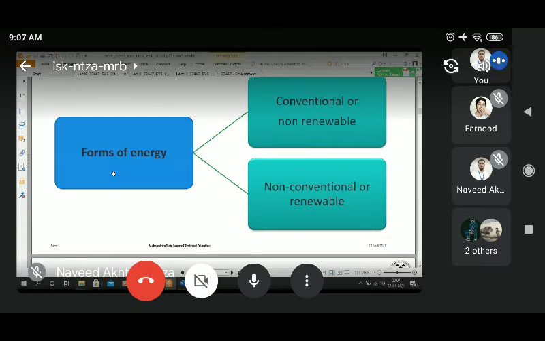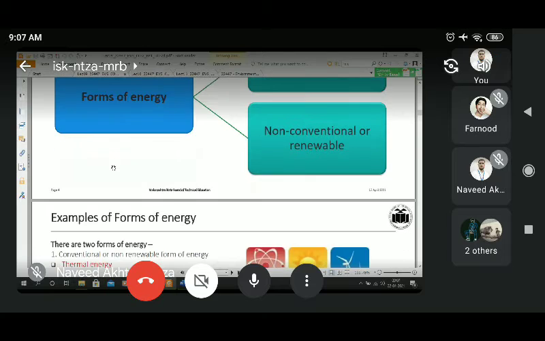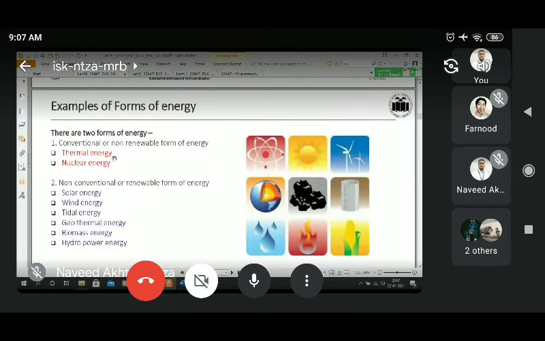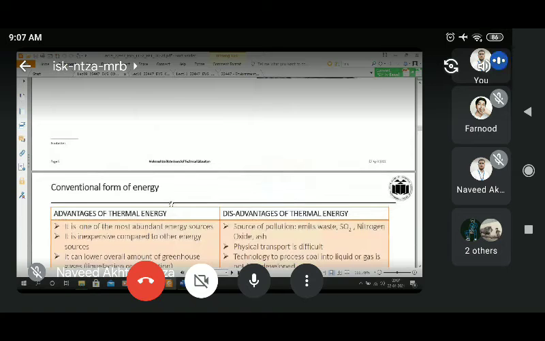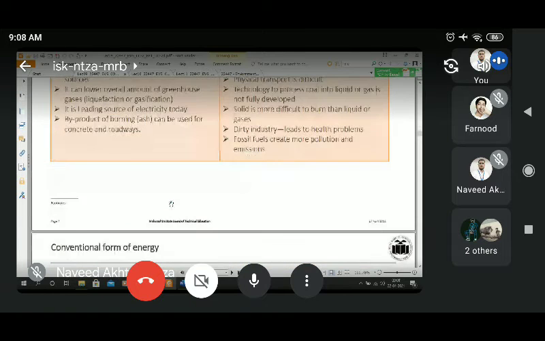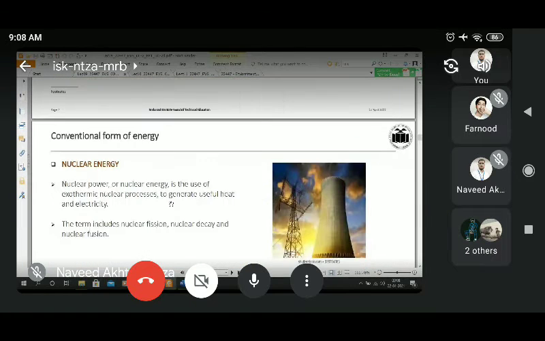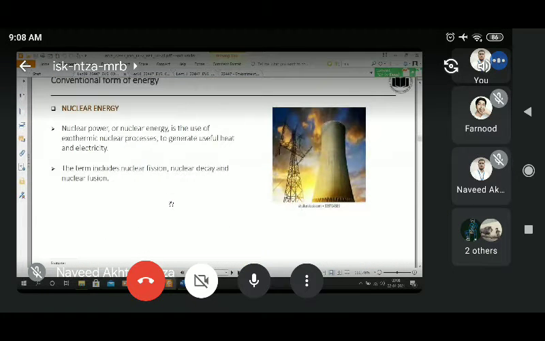So in the previous unit, the last lecture, we covered the conventional, non-renewable and non-conventional renewable energy sources, and we have seen all these in the previous lecture, and also their advantages, disadvantages, their depletion, why they are depleting, and the factors affecting these energy sources.